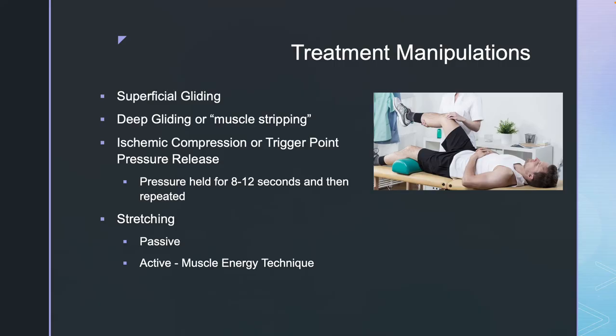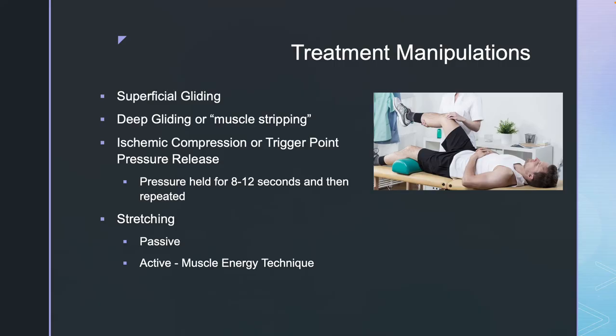So it's a fancy therapeutic massage modality. A lot of these treatment manipulations would include your superficial gliding. We already know that, that's effleurage. Then you have your deep gliding or your muscle stripping. Then we have our trigger point release.